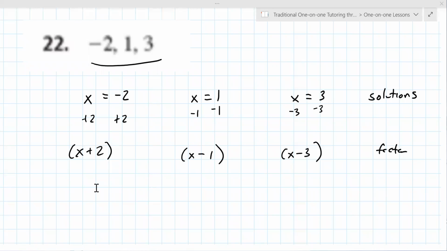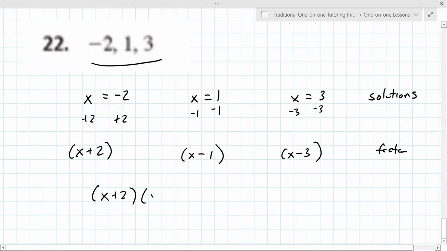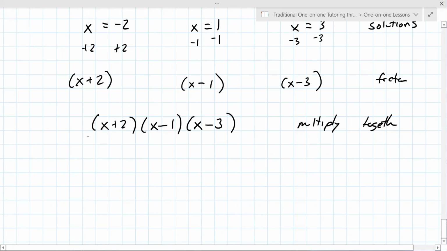You now have to multiply these factors together. So you take the 2 that you like the most, which will probably be the first 2, and you're going to FOIL them. So could you do that for me?